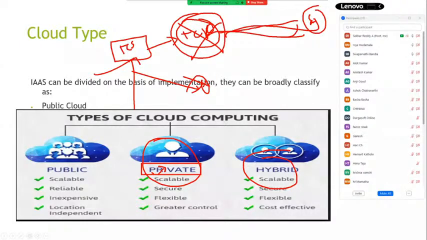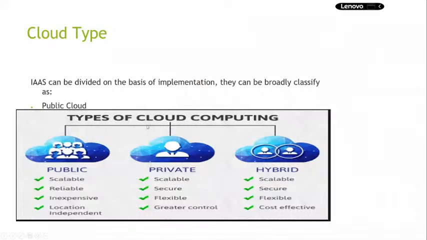Here it is the same. Few of the applications are running in public and some are running in private. If we establish the connection between these two and access everything, we call it hybrid. But hybrid is costly, more flexible and secure as well, and also high cost. I will let you know how to do the tunnel later.